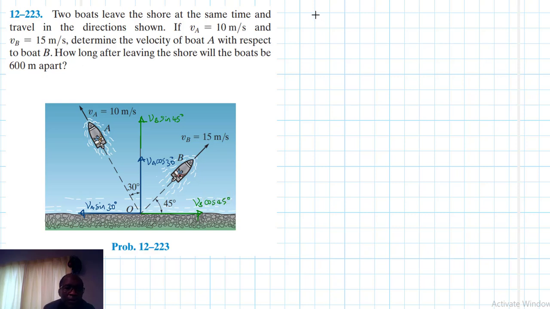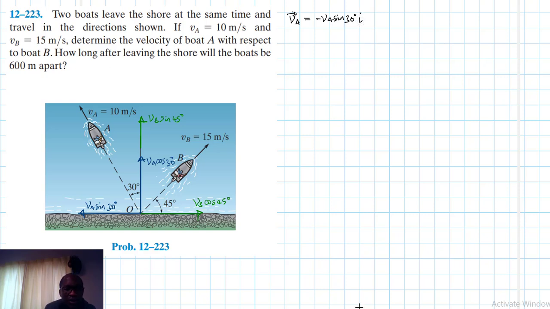Alright, so our VA, therefore, as a vector, is equal to minus VA sin 30 i.